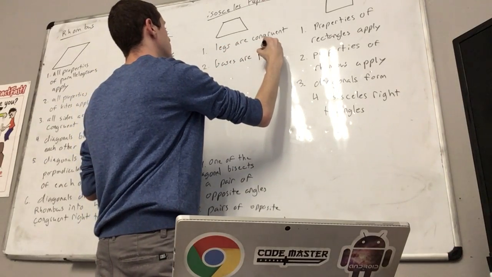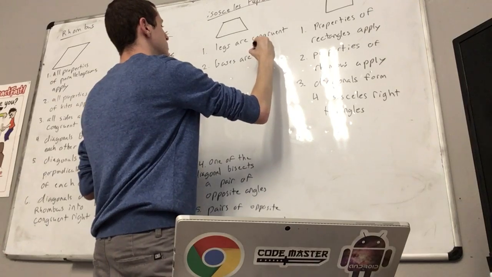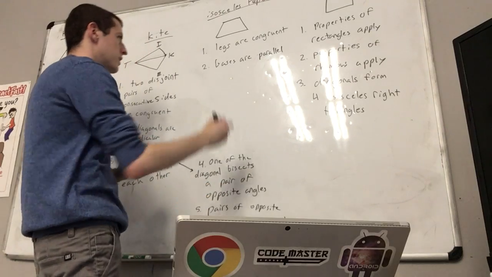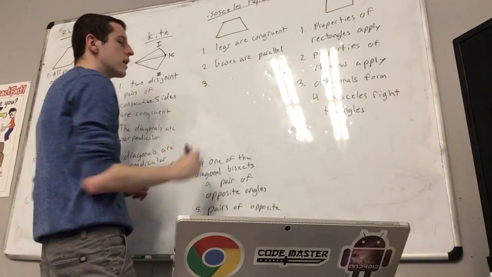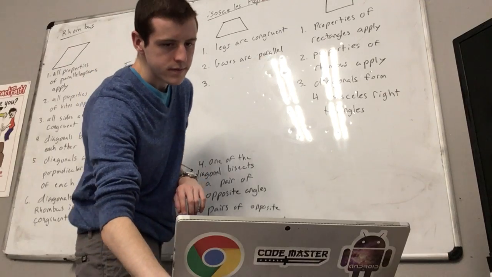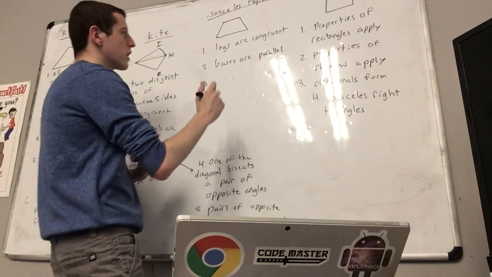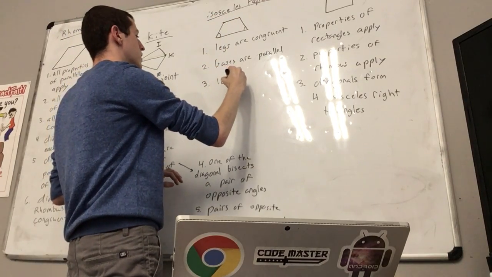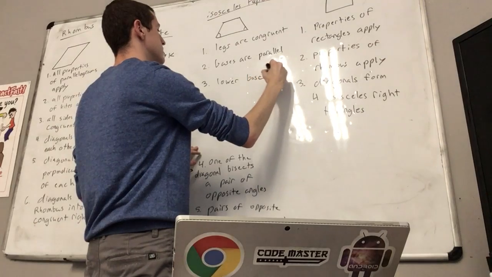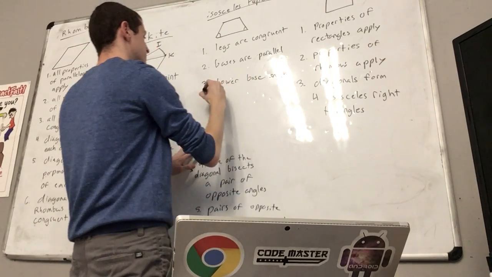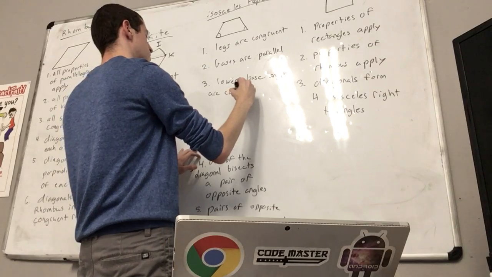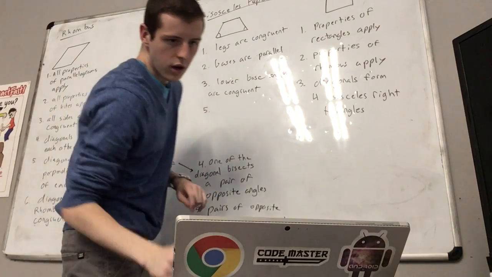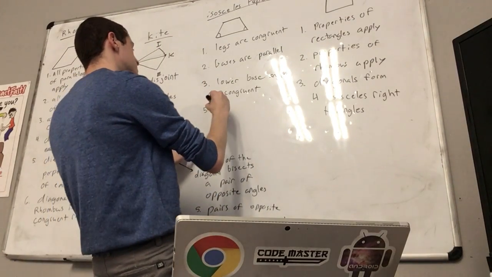So our first one is that for our isosceles trapezoid, the legs are congruent. Our second one is that the bases are parallel. And our next one is the lower base angles, which are these little ones right here, are congruent. With that, the upper base angles are also congruent.